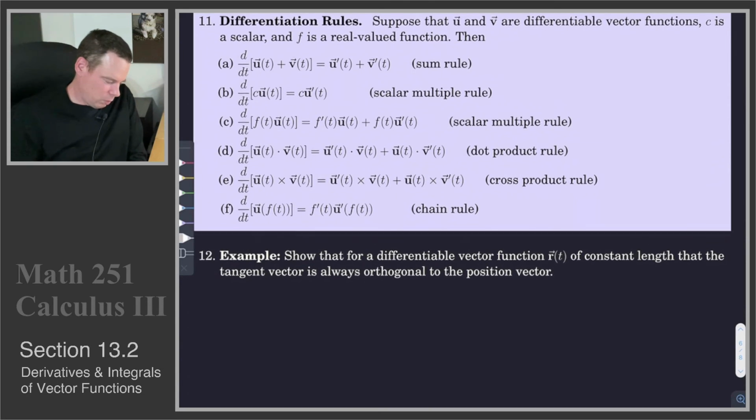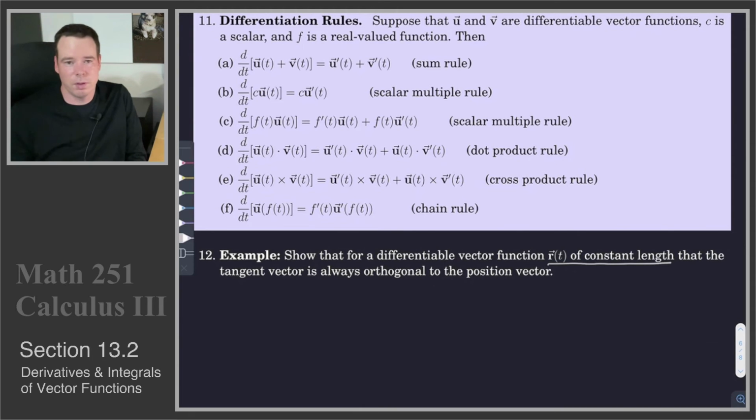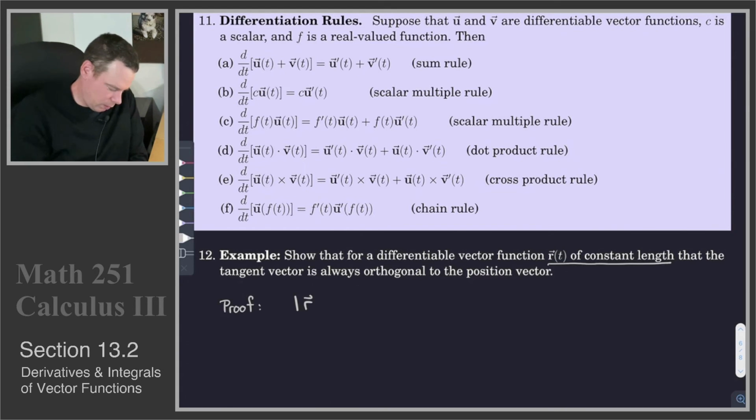So let's use these differentiation rules to prove a result. What we want to show is that for a differentiable function r of t that's of constant length, the tangent vector is always orthogonal to the position vector. Let's go ahead and prove that. To start with, we have that r of t has constant magnitude.